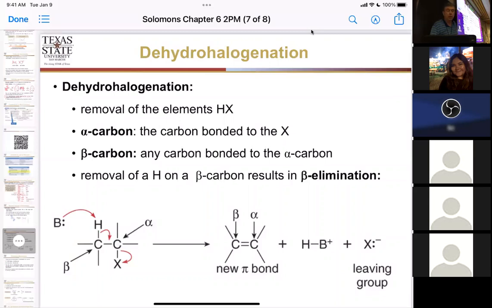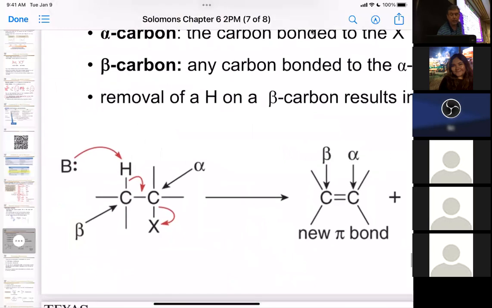Okay. So what we're going to have to do is start telling this apart. Right here, the carbon with the halogen on it is what we're going to call our alpha carbon. Okay, it has the leaving group. When we did substitution reactions, the reactions happened at the alpha carbon. Okay, but in elimination, we have to remove a hydrogen from an adjacent carbon.